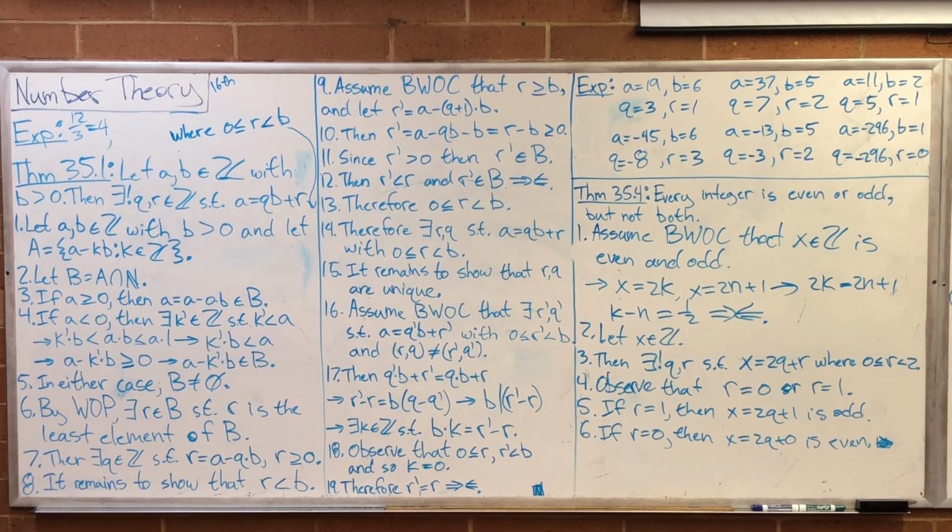Which is the same thing as plus b. Sorry, no. Now we need to write a this way. So a is equal to k times n plus b, but we also know what b is now. It's this thing. So a is equal to k times n plus q prime times n plus r prime.